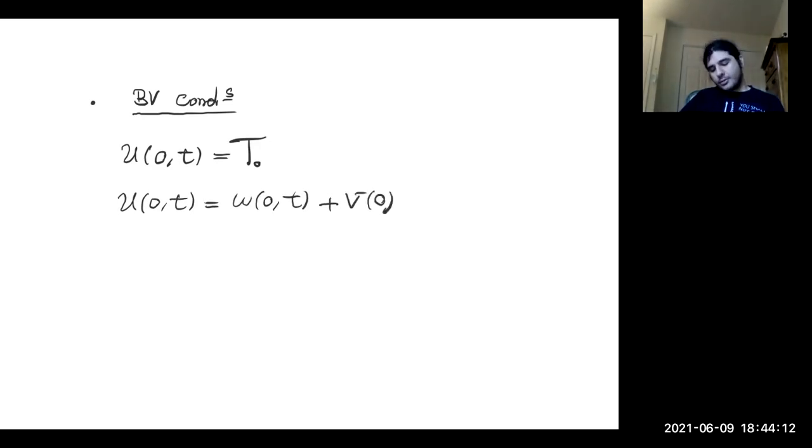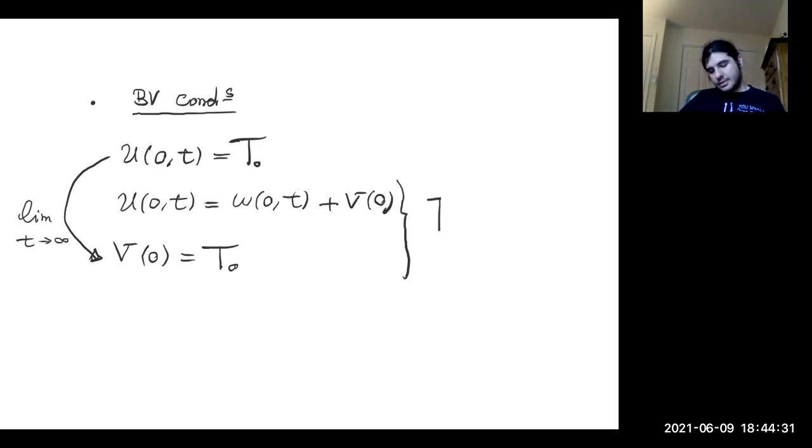We also, if you remember, had the boundary value property v of 0 is equal to t naught. We can see that by just taking limits from this first equation and sending t to infinity. If we combine these two, we can see that t naught is equal to w of 0 and t plus t naught.